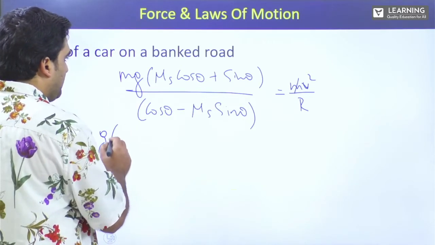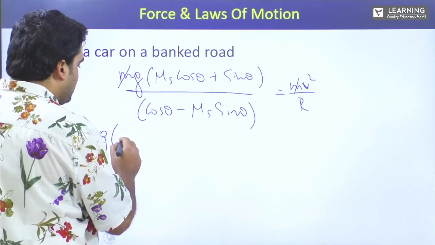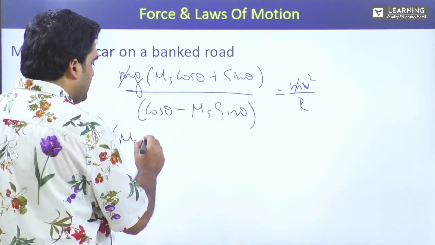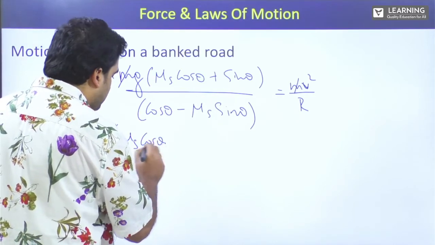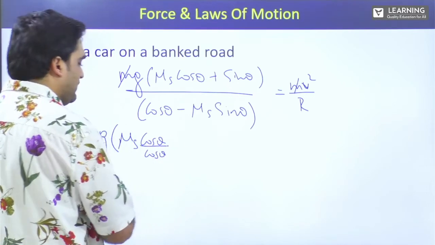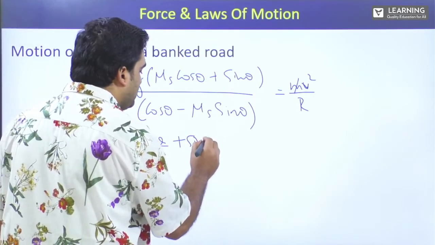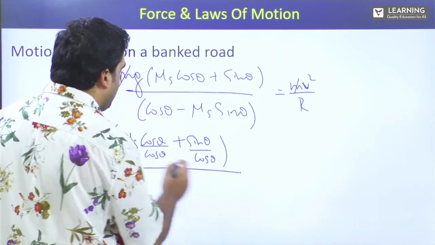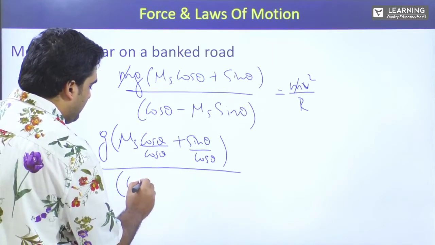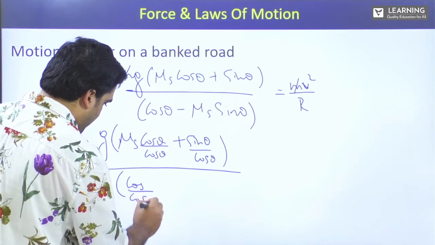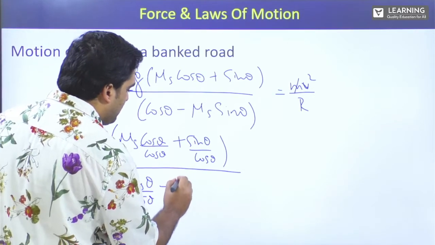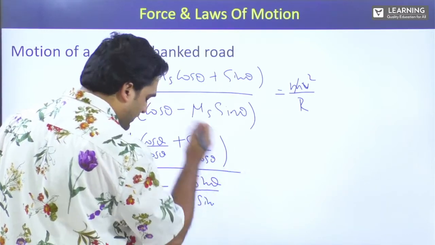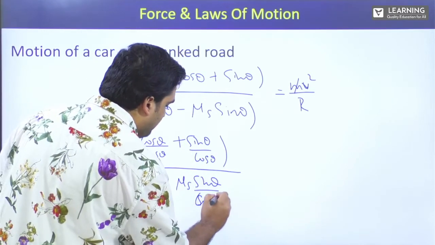So by dividing, you get mu s cos theta by cos theta plus sine theta by cos theta, divided by cos theta by cos theta minus mu s sine theta by cos theta.